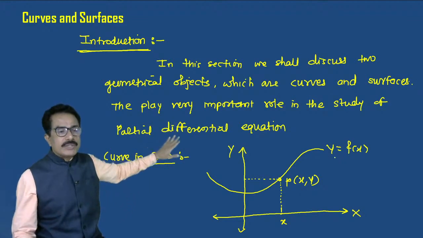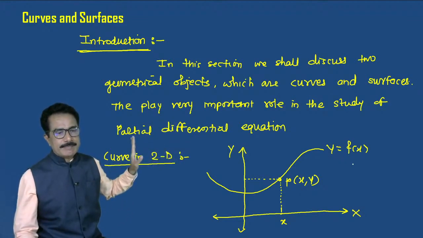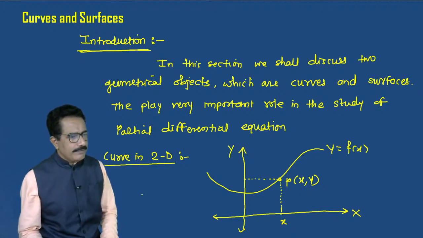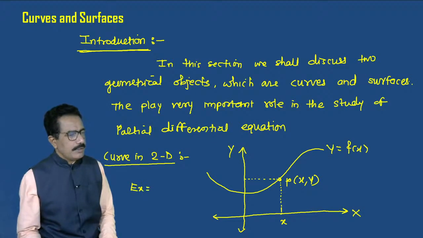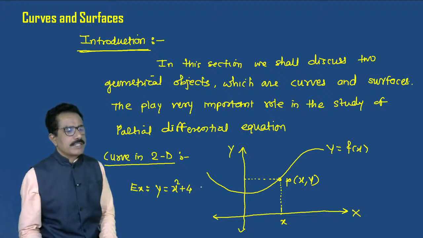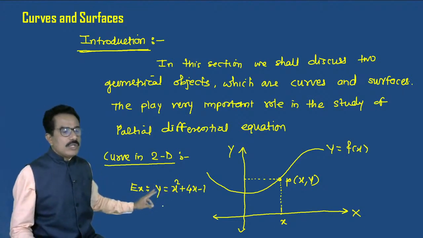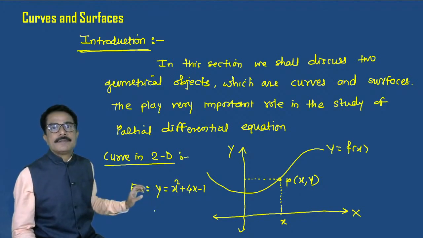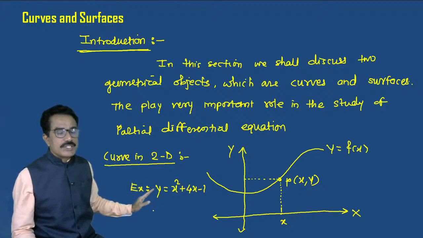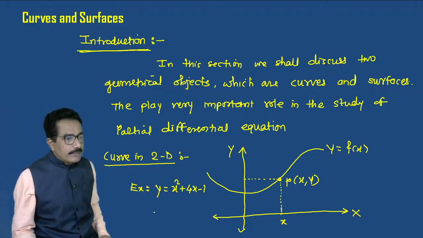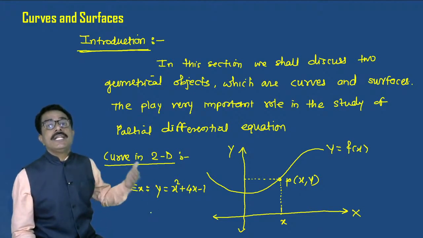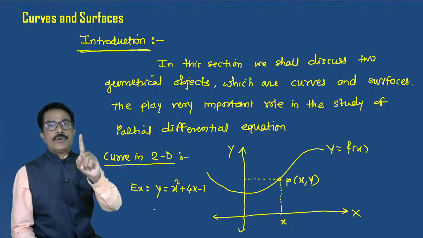If we want to take the differentiation here, for example, suppose y is equal to x square plus 4x minus 1, whatever it may be. If we want to differentiate this function, then we have to differentiate it ordinarily, because there is only one independent variable.